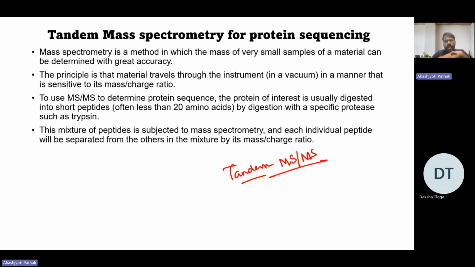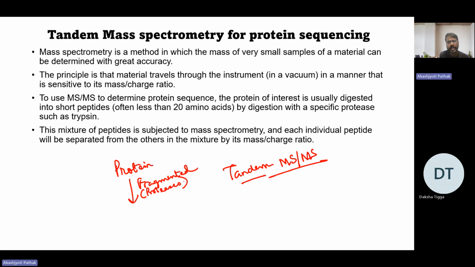The protein of interest is usually digested into short peptides by digestion with a specific protease such as trypsin. The mixture of peptides is subjected to mass spectrometry, and each individual peptide will be separated from the others in the mixture by its mass to charge ratio. So you have your protein sample. Now this protein will be fragmented by treatment with proteases.